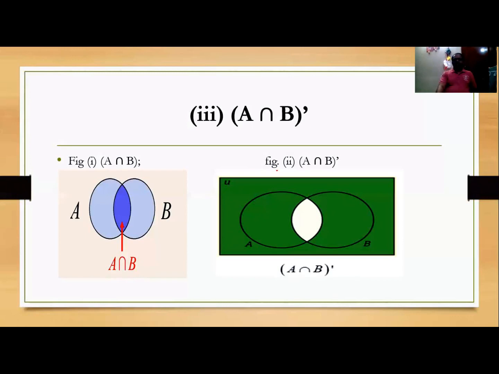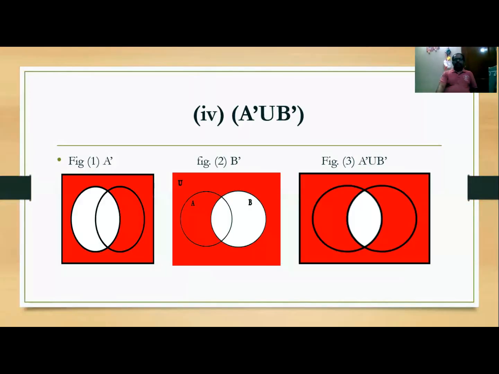So let's see one more example of this Venn diagram, that is the fourth one, and that is for A dash union B dash. Again, I think we are done for A dash intersection B dash. So here the first two Venn diagrams will remain the same for both, either in A dash union B dash or A dash intersection B dash.